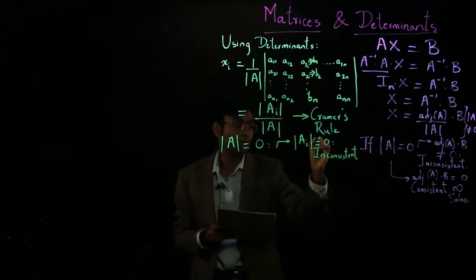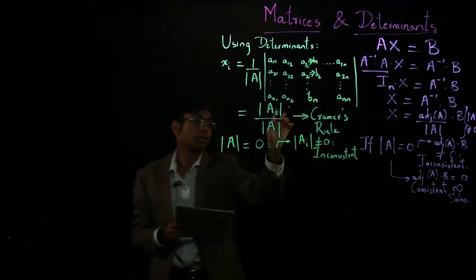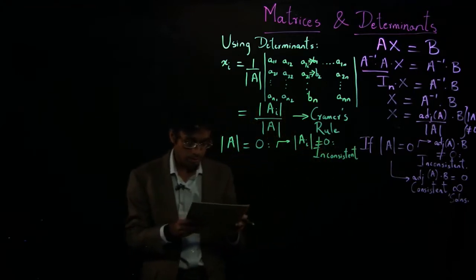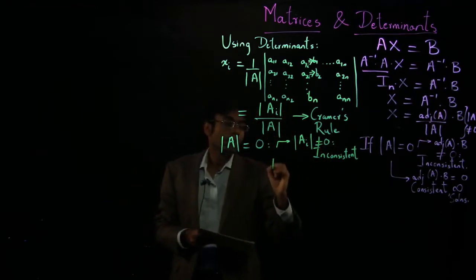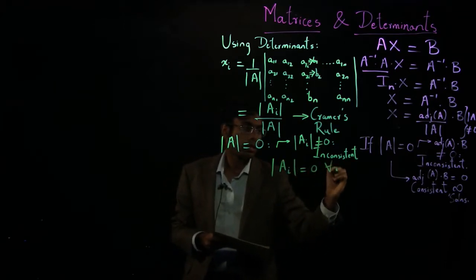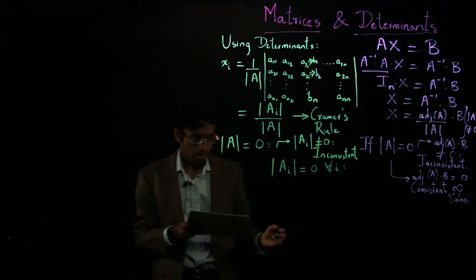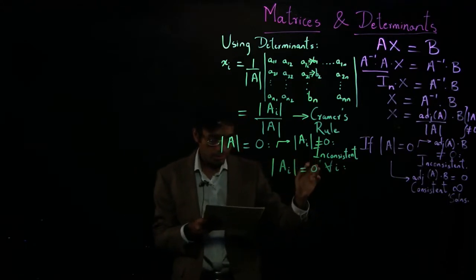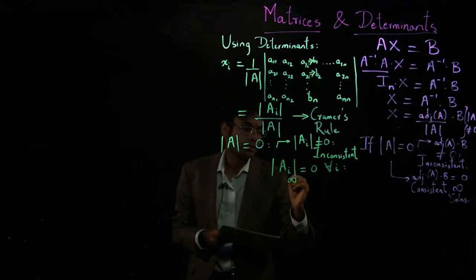I'm sorry, if any of the determinants in the numerator is non-zero, it is an inconsistent set of equations, there is no solution. If all Ai's are 0 for all i, the system is consistent and it has infinite solutions.